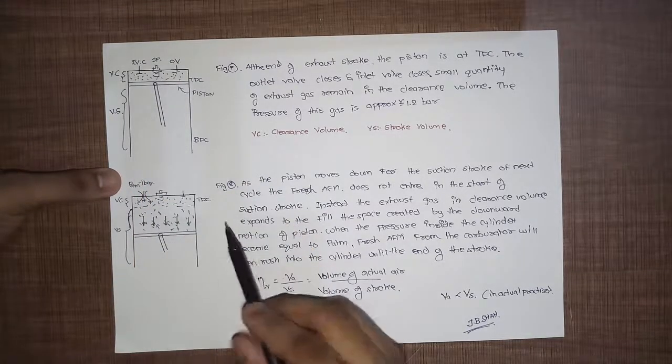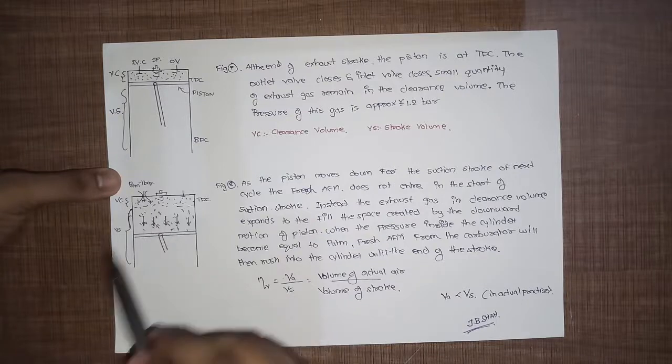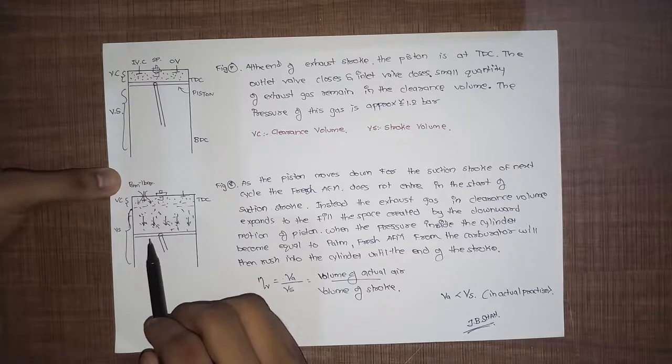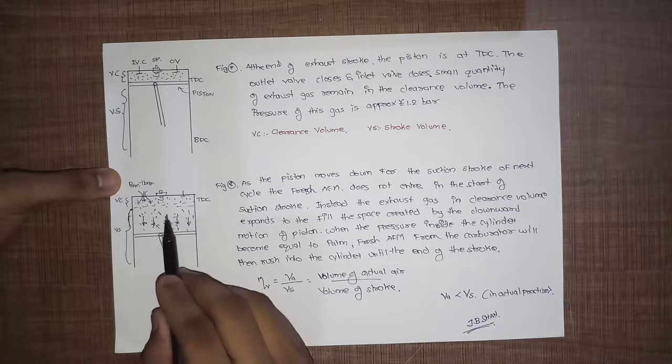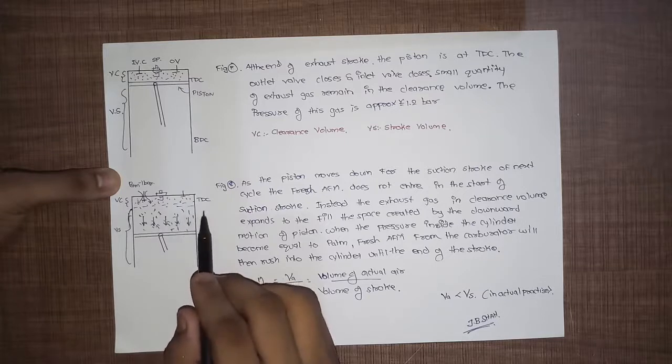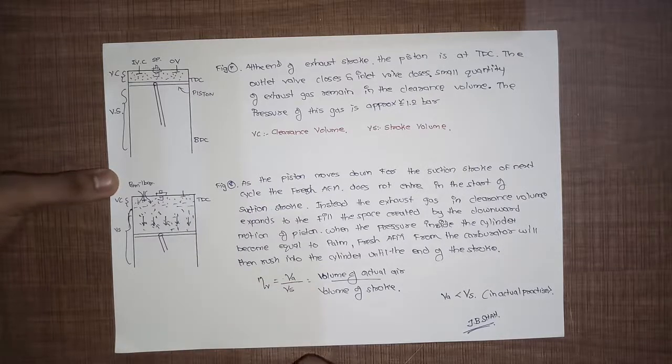So again, when the suction stroke takes place, firstly these exhaust gases expand, and when the pressure of these gases equals the atmospheric pressure, only then does the fresh air fuel mixture come inside the engine cylinder and fill the space created by the piston.